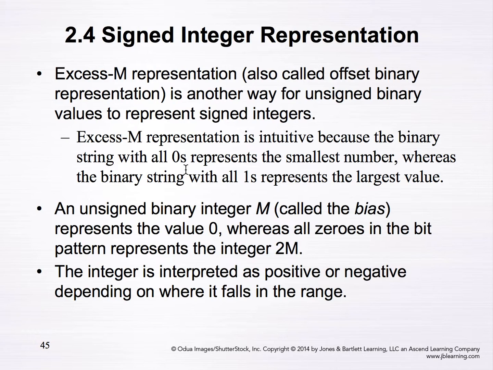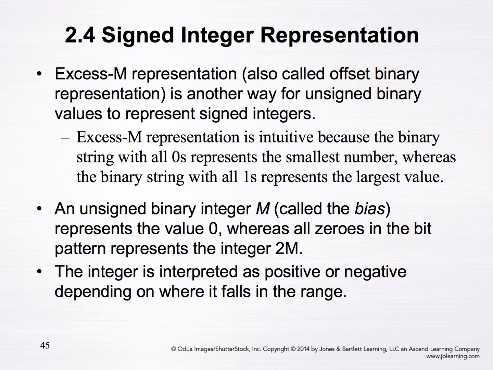An unsigned binary integer M, called the bias, represents the value of 0, and all 0s in the bit pattern represent the integer negative M. The integer is interpreted as positive or negative depending on where it falls in the range.